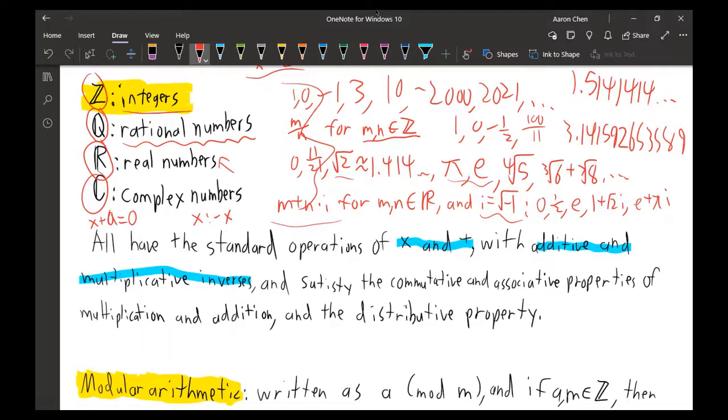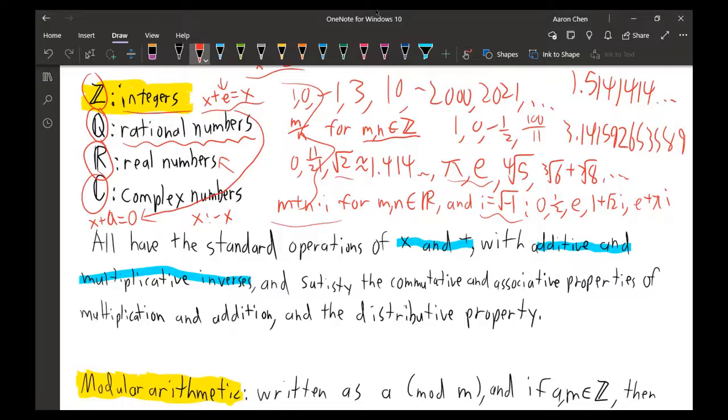If I represent the identity by e and the addition by the plus, then it's what we can substitute into e such that this equation is true for all x. Obviously the identity would be 0, so we can plug that in here. It means that the additive inverse of x is negative x.